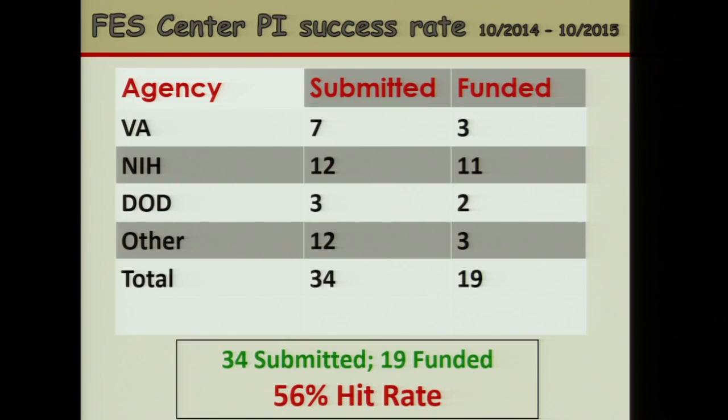Our hit rate on proposals is quite high. So these are different agencies, the VA, NIH, DOD, et cetera. And overall, we have a 56% hit rate, which is really fabulous. Okay, so this is 34 submitted, 19 funded. Really did very well at NIH. Not quite as good at the VA, but we're working on that.